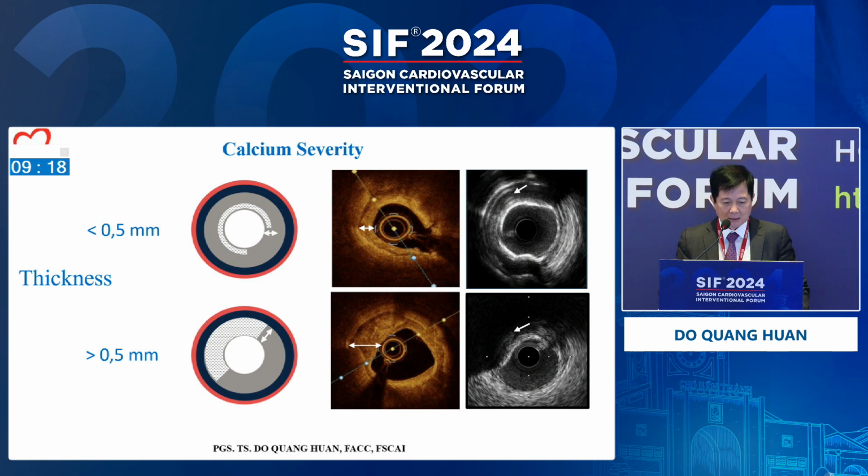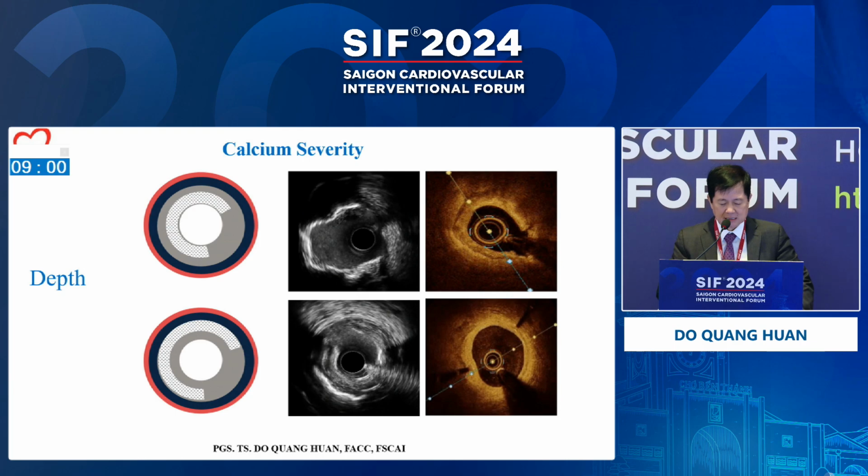For the thickness in the coronary artery, a calcified lesion less than 0.5 mm is not so severe, and if the calcified lesion is more than 0.5 mm, it is a severe lesion.